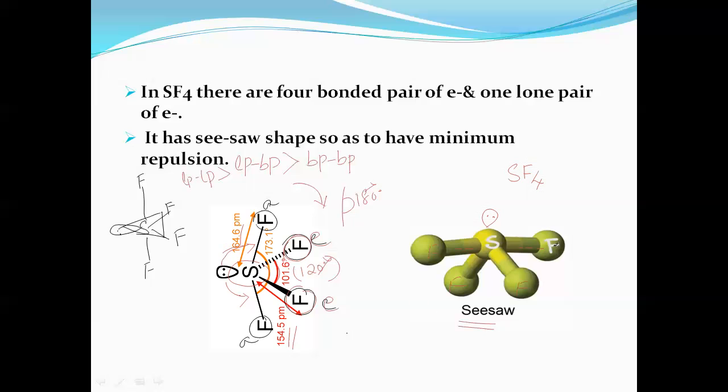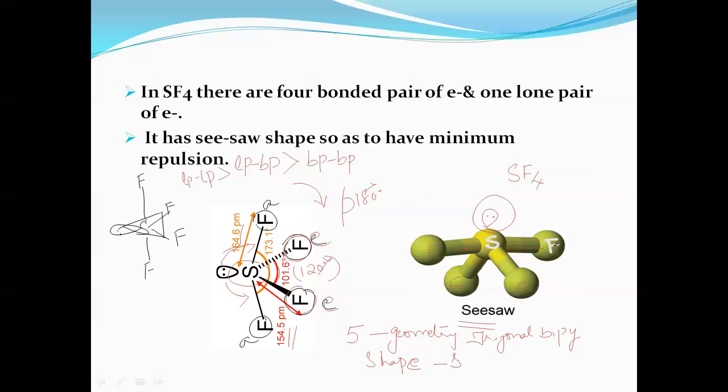So in trigonal bipyramidal geometry with the steric number of 5, the geometry is trigonal bipyramidal, and the shape totally depends only on the bond pair of electrons. As I said, when we take the shape of the molecule, we don't consider the lone pair of electrons, just ignore it. If we ignore the lone pair of electrons, it looks like a seesaw.